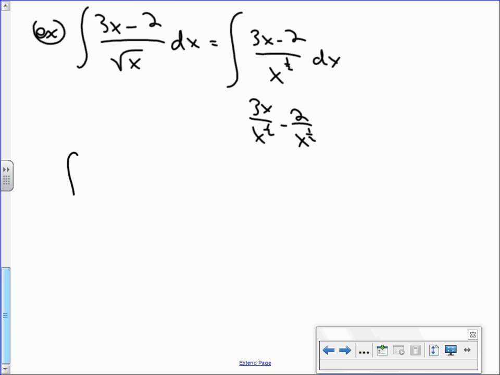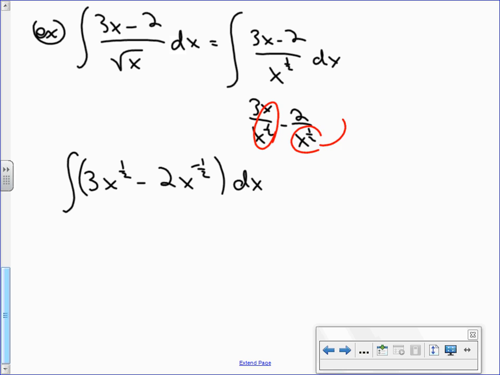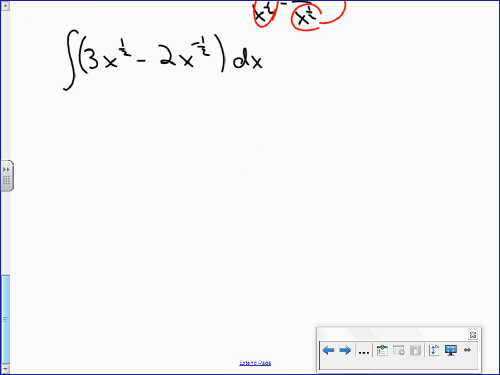So my antiderivative is going to be 3x to the 1/2 minus 2x to the negative 1/2. Subtract the powers here, and then take this and just pull it up to the top and make the exponent negative. Okay? And then you follow the power rule that we went over. You don't have any rules to learn. You also got notation to learn today. Write down the 3, skip a little space.